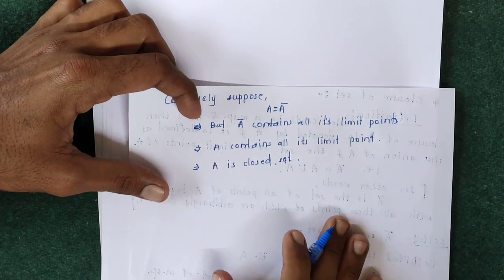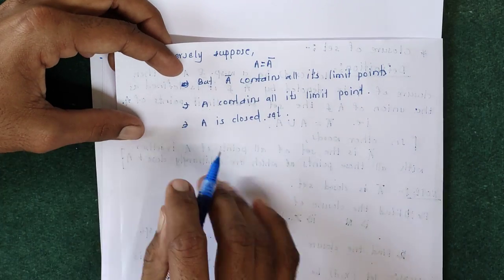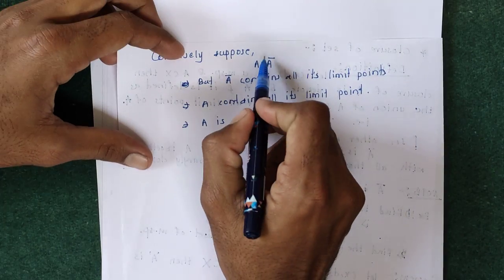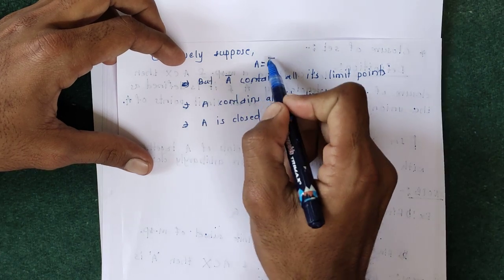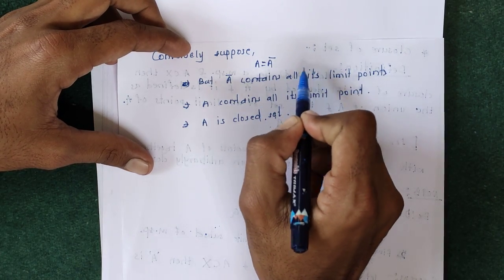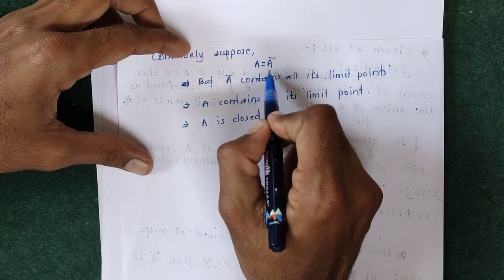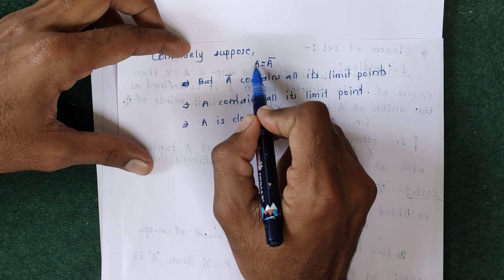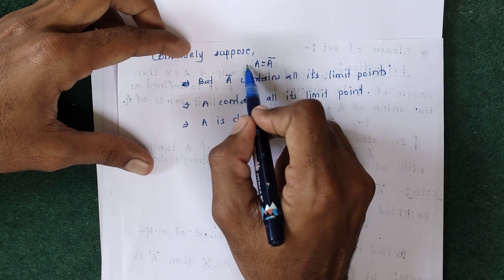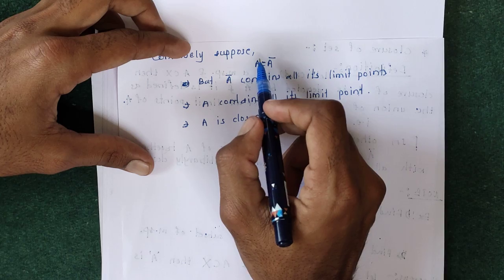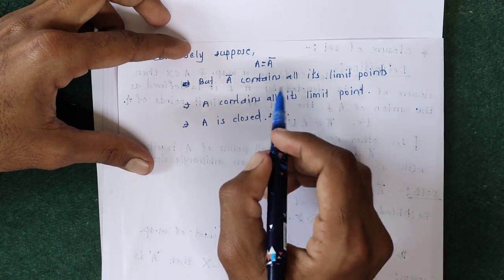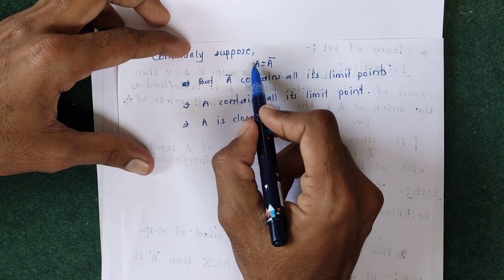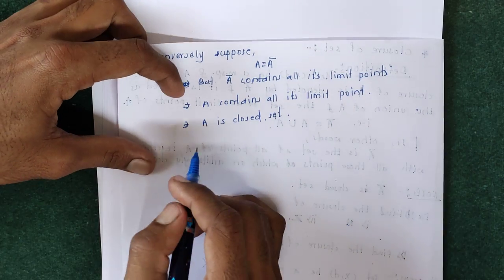Hence, the converse part is proved. In this converse part, we just supposed A is equal to A closure. We know that A closure is the set A union the limit points of A, so A closure contains all its limit points. But A is equal to A closure, so A contains all its limit points, and a set A is closed if and only if it contains all its limit points. So, the converse part is proved.